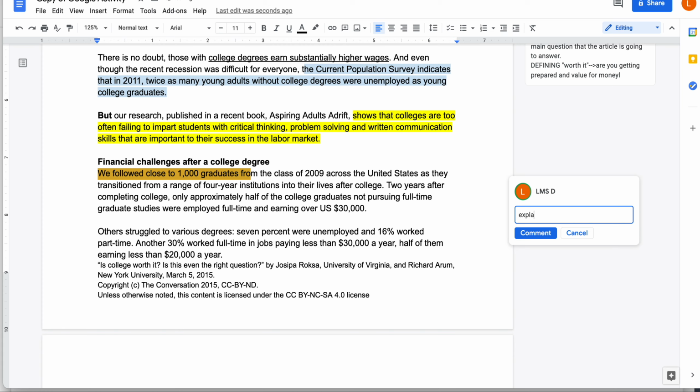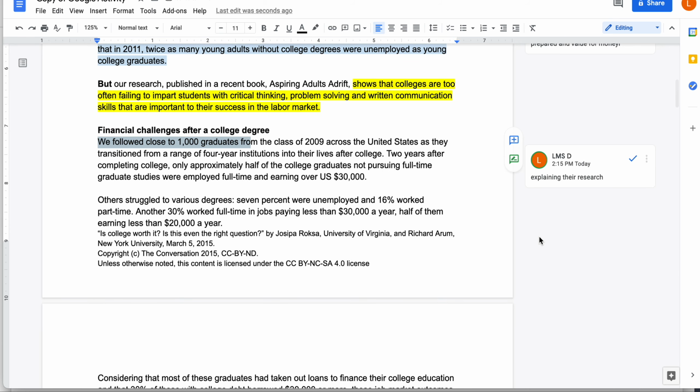So this is explaining their research. I'm going to just leave notes the same as I would if I was writing on a printed copy. As they transitioned from a range of 4-year institutions, 2 years, only half of the college graduates were employed full-time and earning over $30,000.